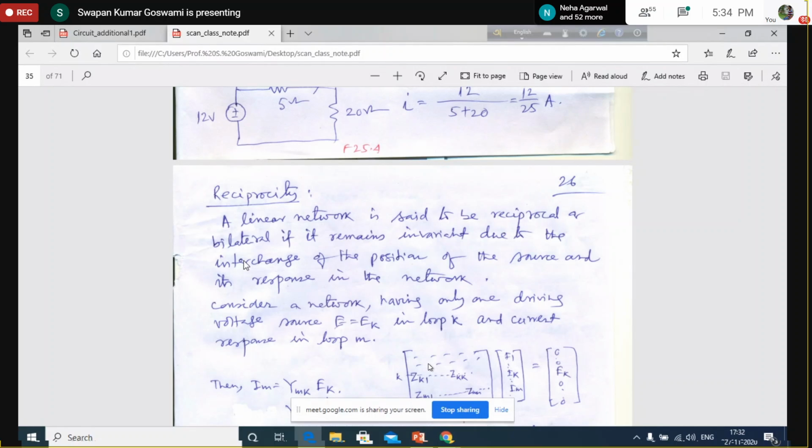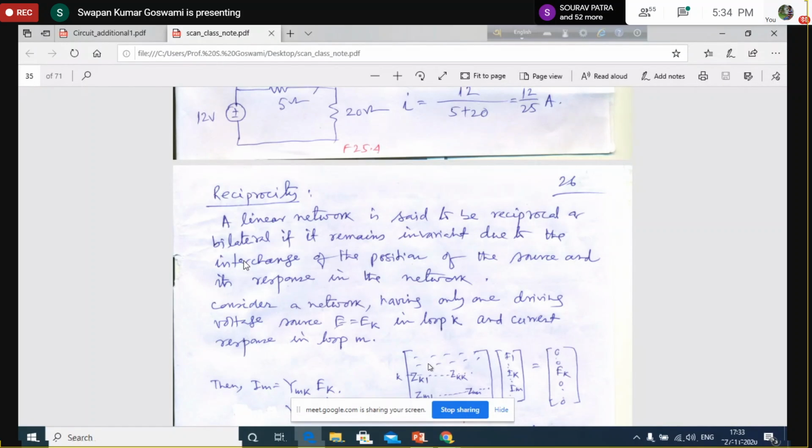So we can say this is the mathematical model of the network. With this Z we are explaining the whole network. When we write Z, we no longer bother much about the network connections, whatever the connections were. I have written the loop equation, which means basically the network is transformed into the form of this equation Z into I equal to V or Y into V equal to I. So basically the nodal admittance matrix and loop impedance matrix are the mathematical model of the network.